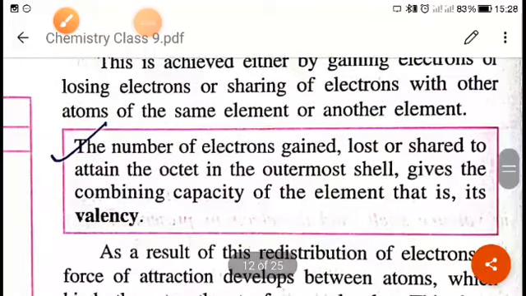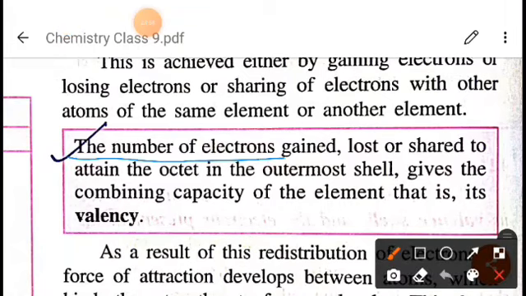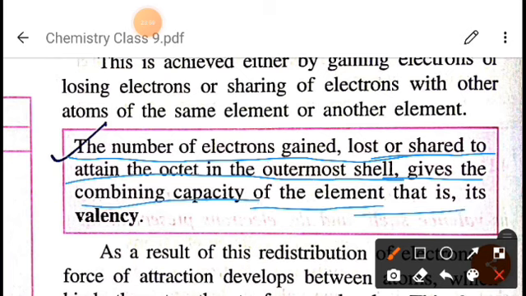As we discussed when talking about valency, the number of electrons gained, lost or shared to attain the octet in the outermost shell gives the combining capacity of the element, and that is called valency. I hope it is clear what valency is. Suppose two elements combine and share 2 electrons, then the valency will be 2.